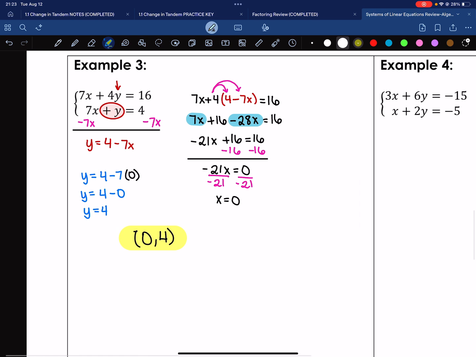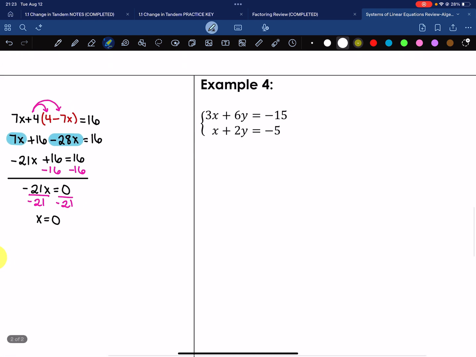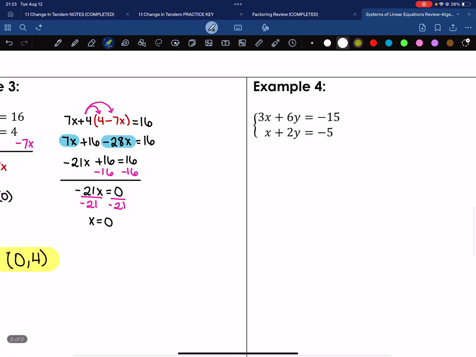Okay, so we have one more example with the substitution method. So pause it, see how you do, come back, check your answers. Okay, so here we go. Start by picking what variable you're going to solve for. I'm looking for a variable that's by itself, so I'm going to pick this x.